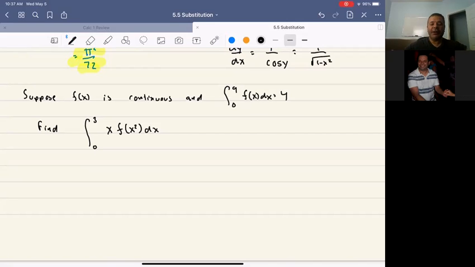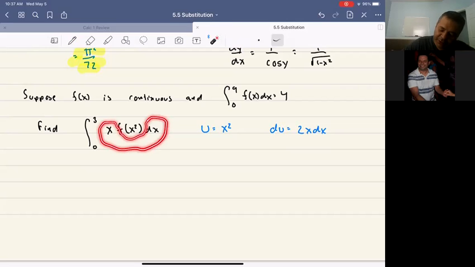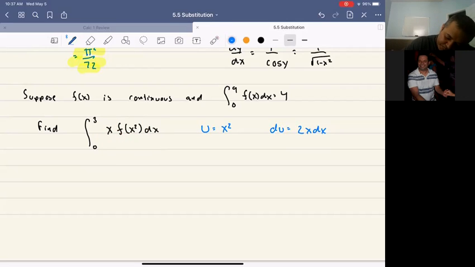Now what we're going to do is a substitution, and our substitution is going to be u equals x squared. du is 2x dx, so x dx is 1/2 of du. Now, when x is 0, u is 0.